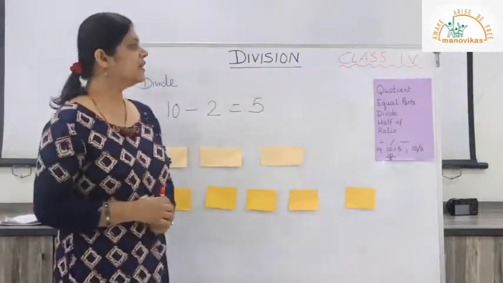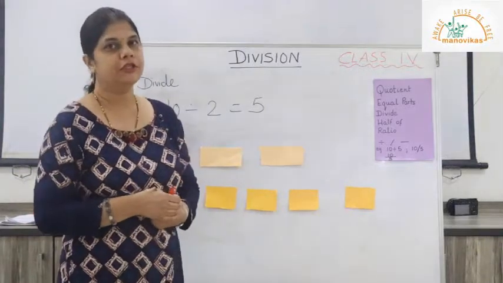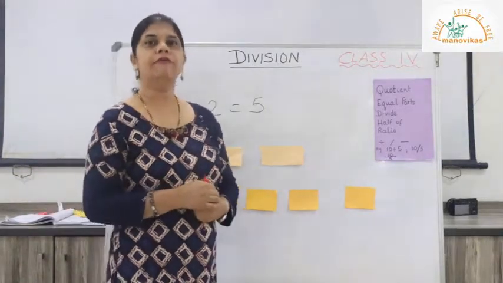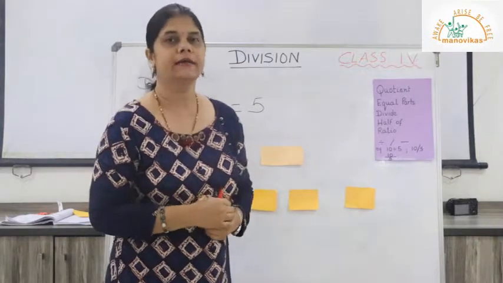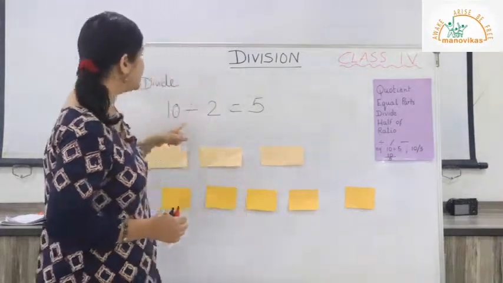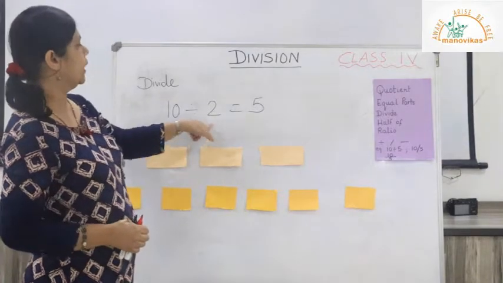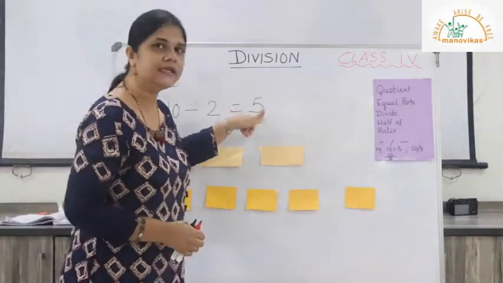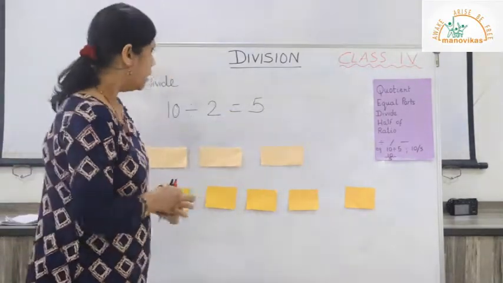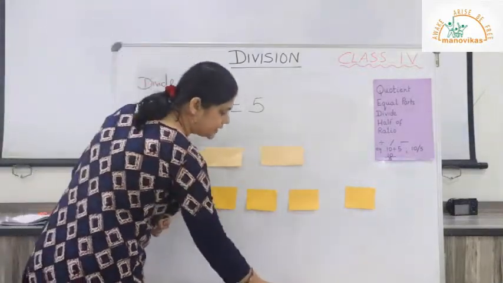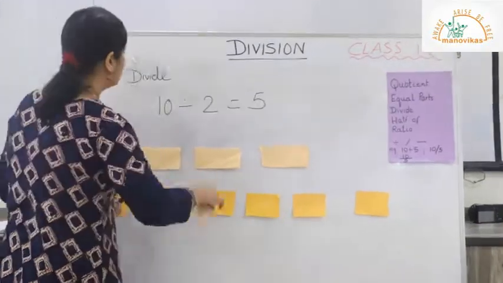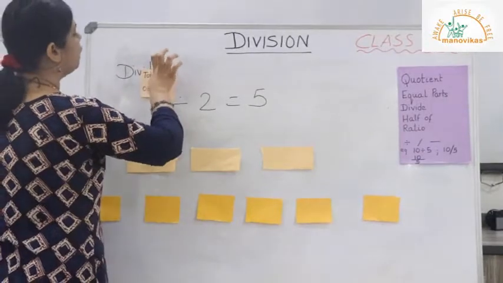Children, before we start with the basics of division, I would like to tell you a few terms which are involved in division. Now, this is a sum here, 10 divided by 2, and I have written the answer is 5. Now, the first number here, that is 10, refers to the total number of objects.